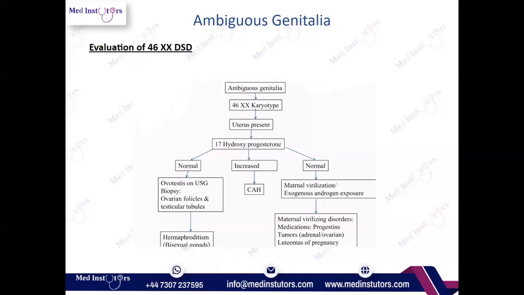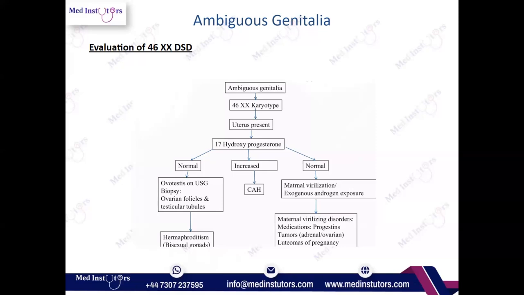This is about evaluation of ambiguous genitalia, and this is a high yield slide. Basically, all of these slides are high yield. Many questions of endocrinology are covered from this presentation. So let's have a look at how we can manage or investigate a patient or a baby who has ambiguous genitalia.